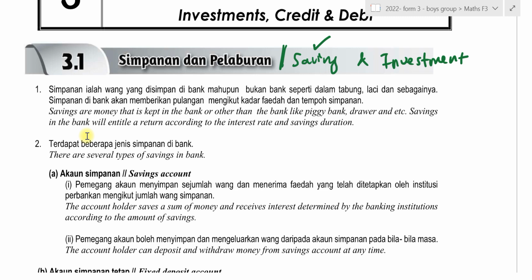Savings in the bank will entitle a return according to the interest rate and saving duration. Why is it an advantage to keep it inside the bank? Because they will give you an interest rate where your amount of money will grow, very little. So that's why they start with the bank. If you want a large growth, then we have to go to the investment side.